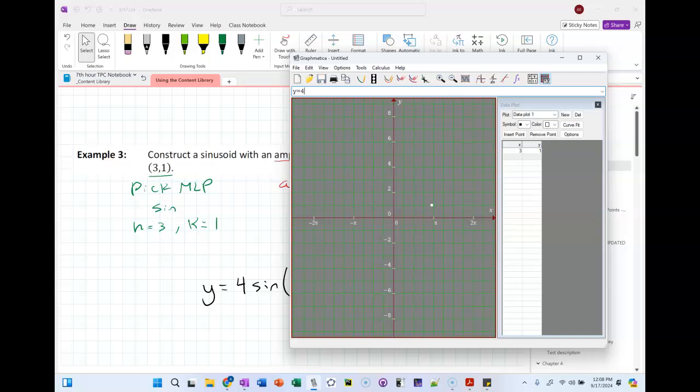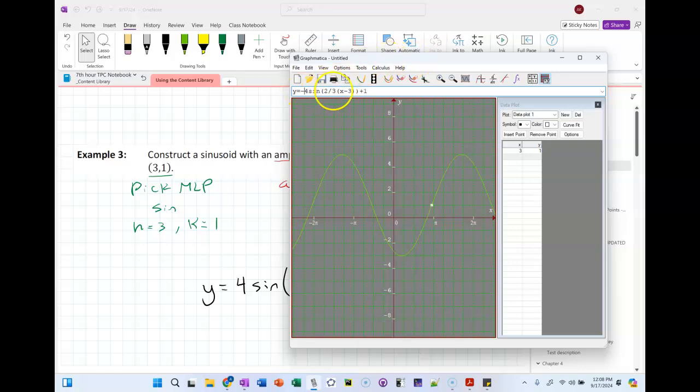So we have y equals 4 sine of 2/3 times x minus 3, plus 1. Notice that graph goes right through that point 3, 1.